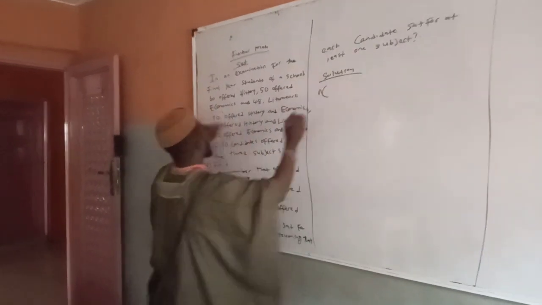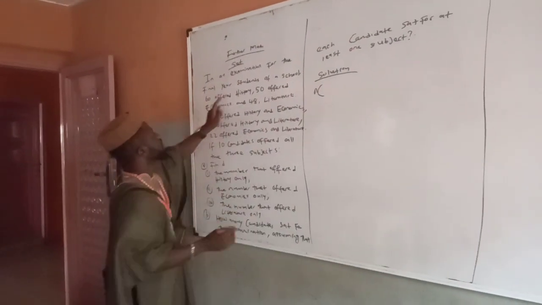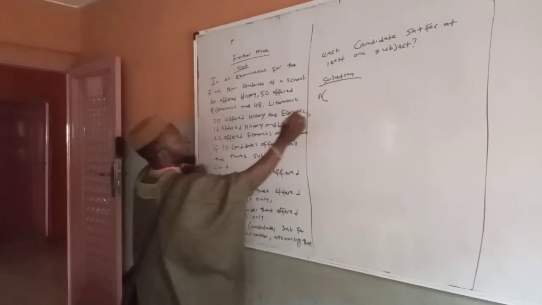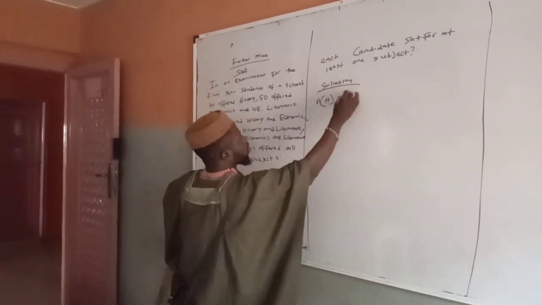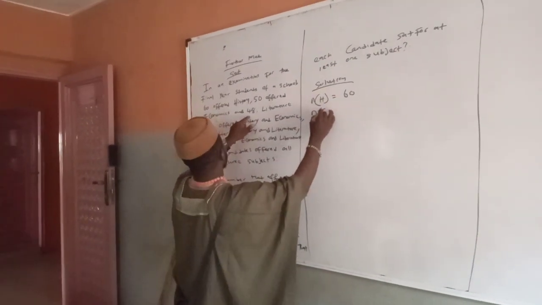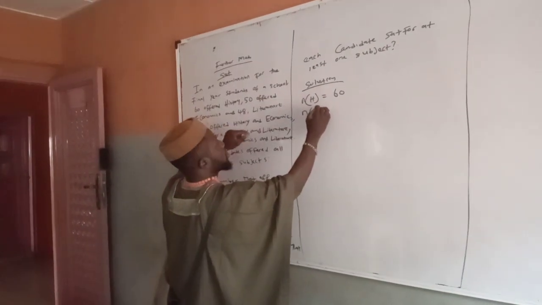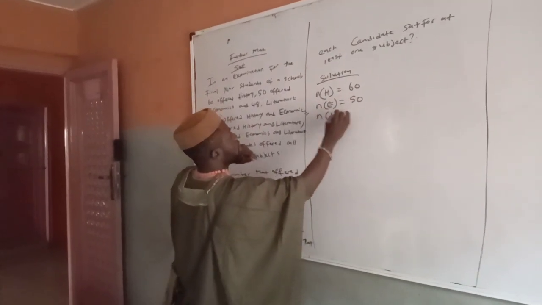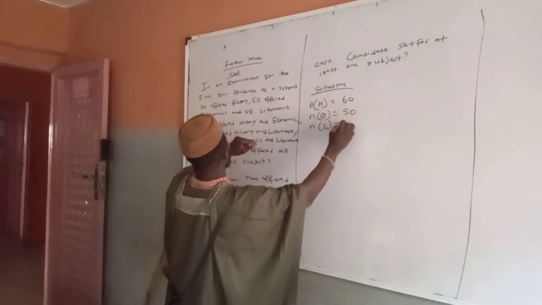So we have n of, I will represent the subject by its first letter, so n of history equals 60. n of economics equals 50. n of literature equals 48.